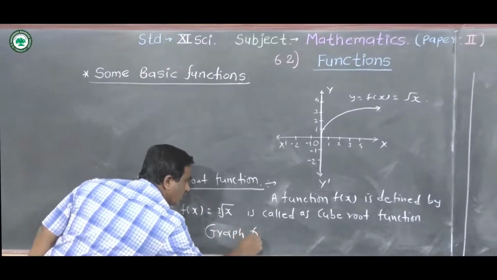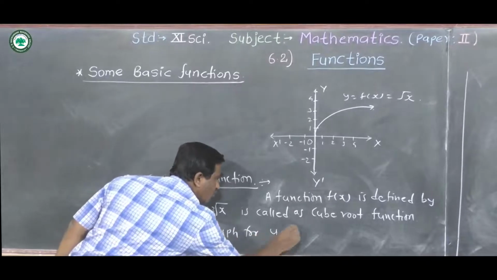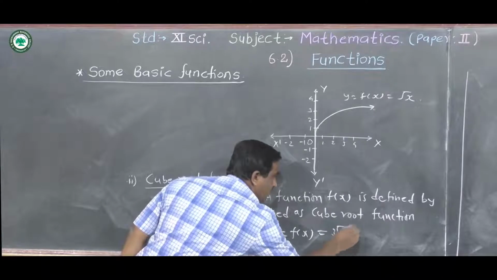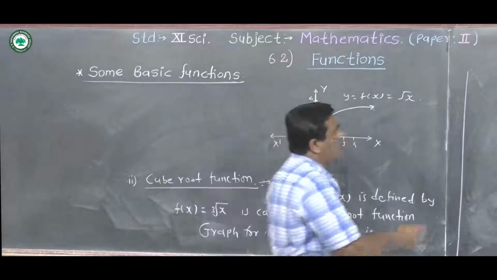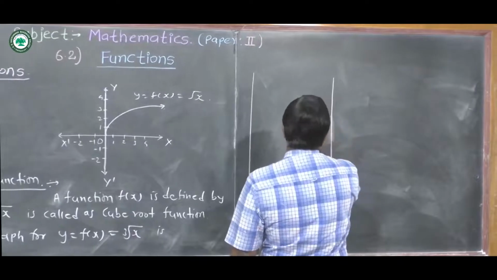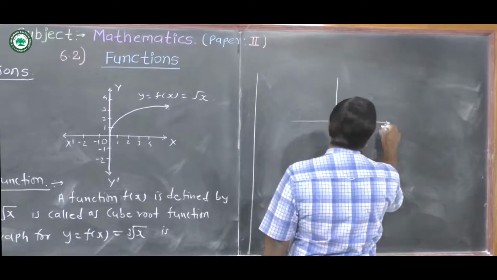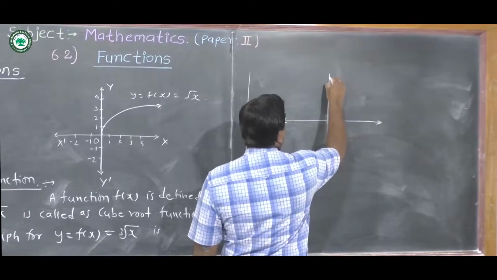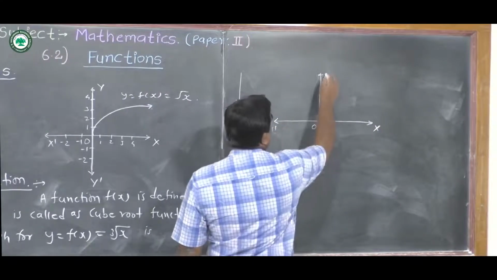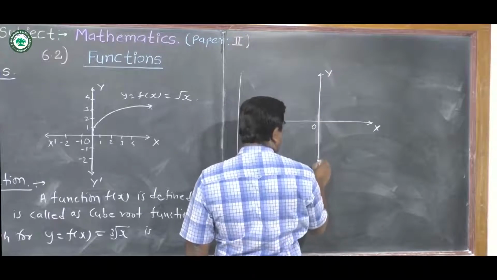Now the graph for this cube root function. Graph for y is equal to f of x is equal to cube root of x, we can draw here again the coordinate system, y-axis, x-axis, X'OX, Y'OY.